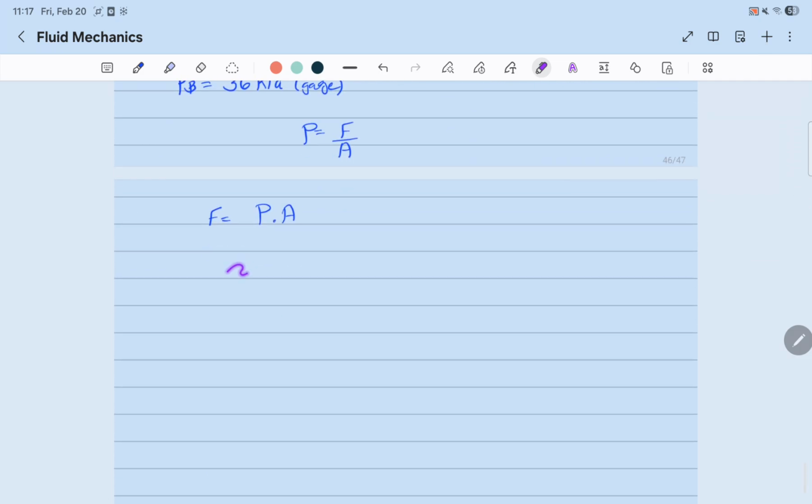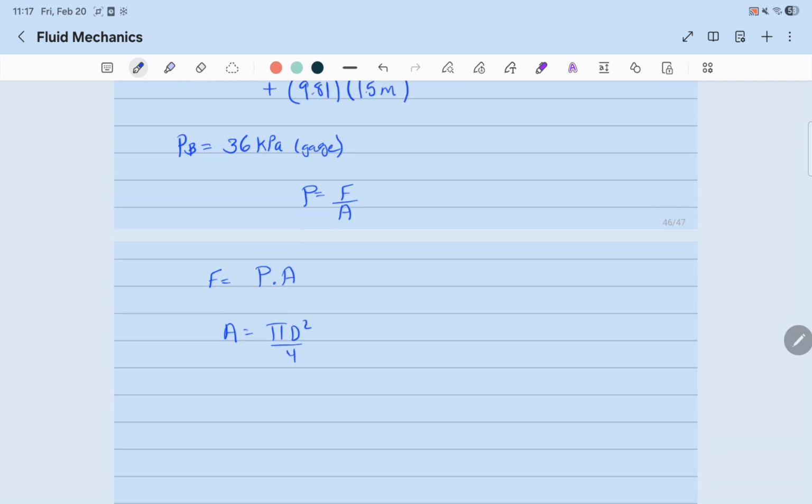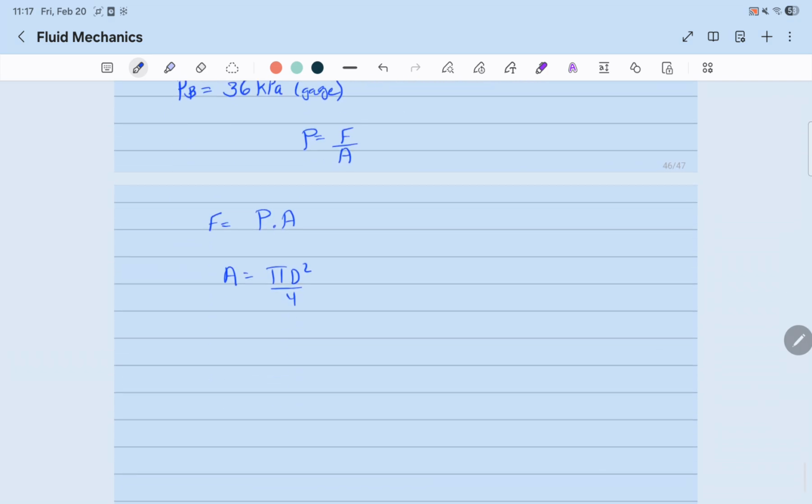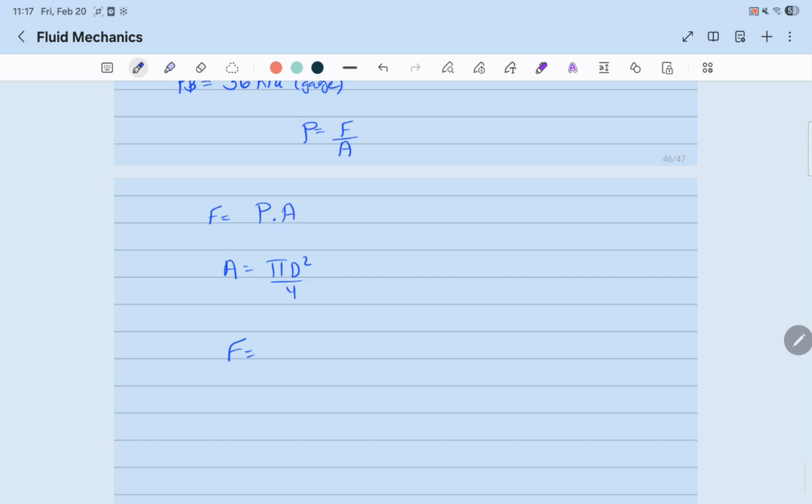Area will equal pi d squared over 4. And the pressure we just found, therefore, the force will equal 250 kilonewtons. That's if we're asked to find the force.